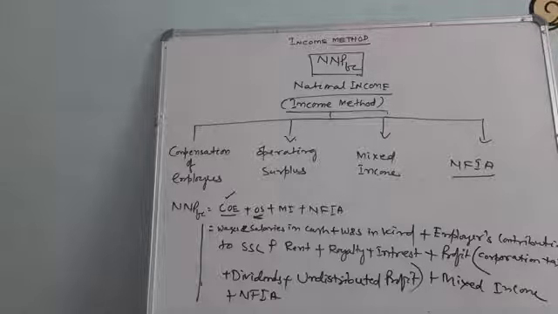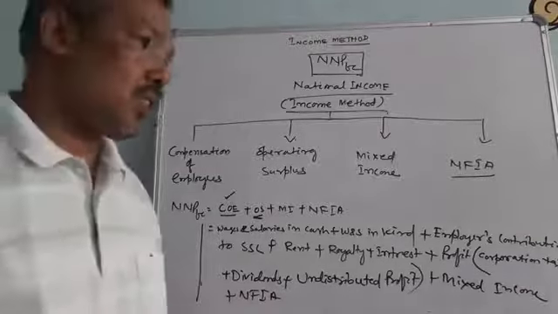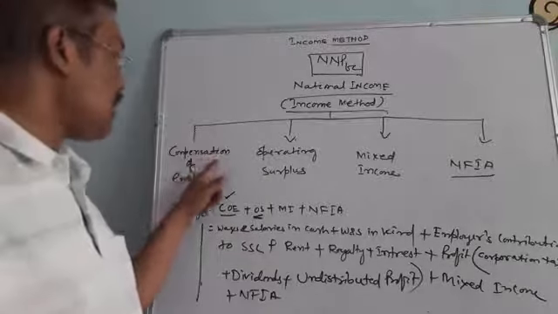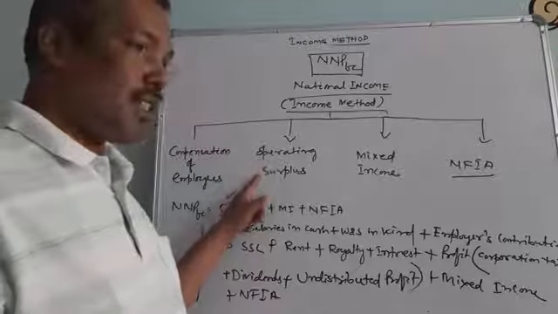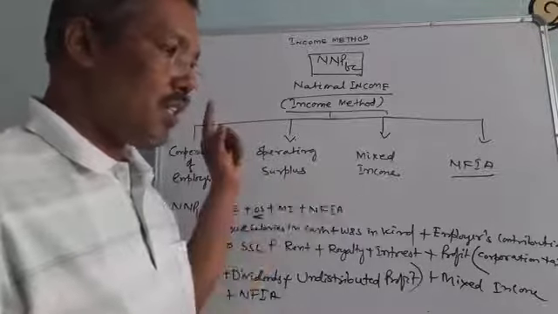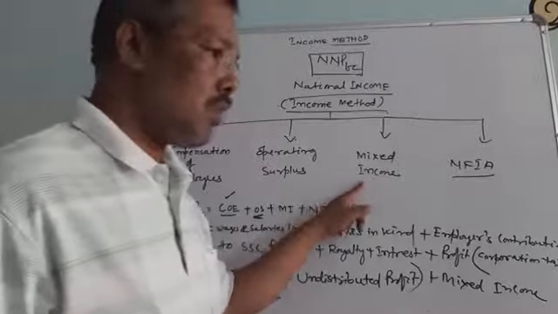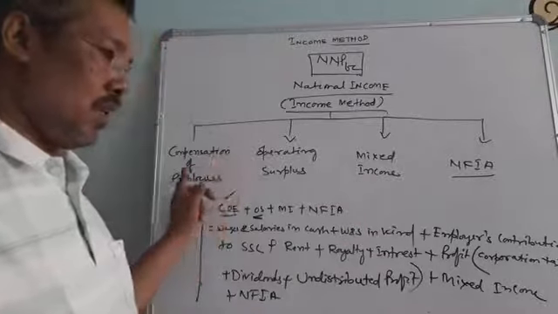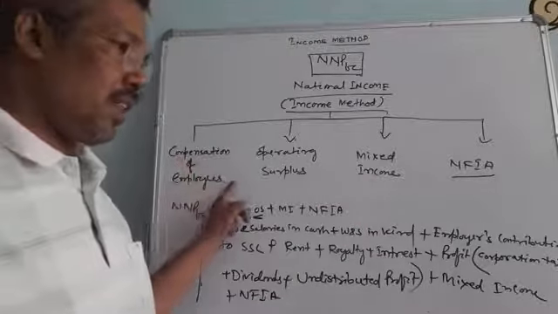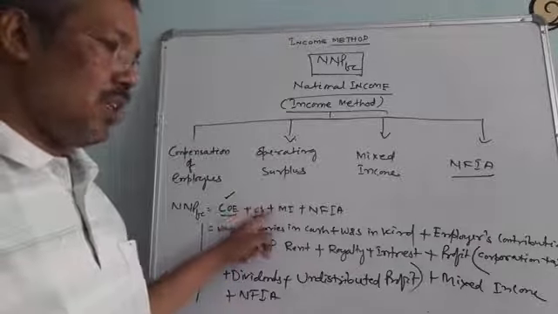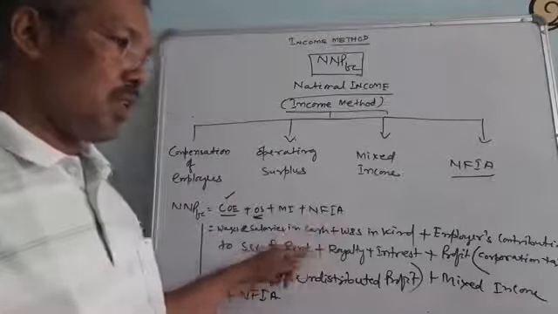Besides this, we can calculate national income by other classifications. One is the primary sector, another is the secondary sector, and third one is the tertiary sector. So similarly, the incomes in the primary, secondary and tertiary sectors are compensation of employees, operating surplus, and mixed income. Those who are organizing factors like land, labor, and capital are used by a farmer in producing the product.